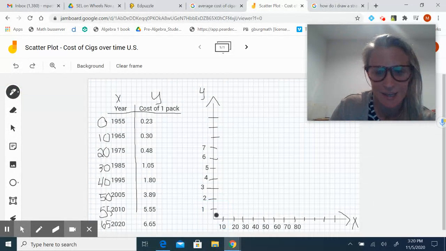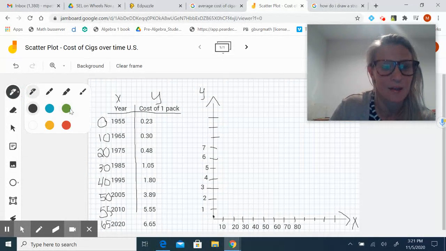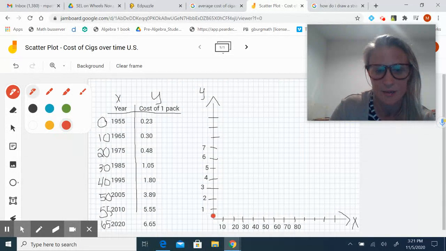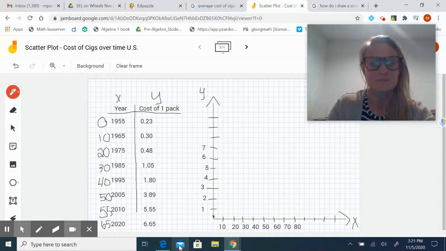Okay, so I need it to end up about below 50 cents. So it's going to end up about right here. Maybe I'll do a different color and that'll help it stand out. Let's try red. Okay. So it'll probably be just kind of a little mark there, not a perfect circle, a little easier when we're using pencil and paper. Okay, but this will work for now.